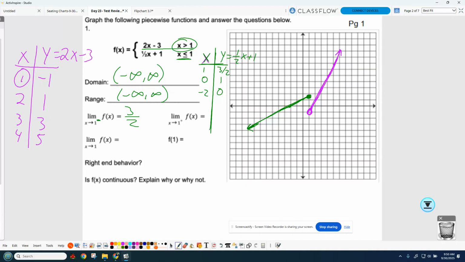Allie, what's the y value when we're approaching 1 from the right? Negative 1. What is the limit at 1 itself? Does not exist. If you need 2 fingers to point to where it's going, you don't know. But Joaquin, what is the function at 1 itself? Is it defined or not?